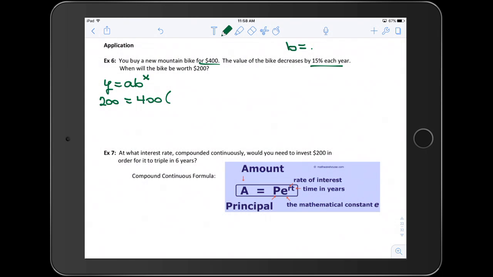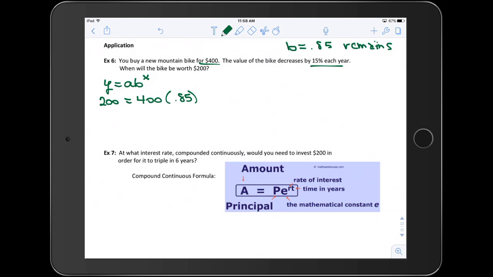So that's 0.85, or 85% if you want to think of it that way. So don't use the 0.15, you're using the 0.85. So 15% is taken away, 85% remains every year, so that's why we're using 0.85.